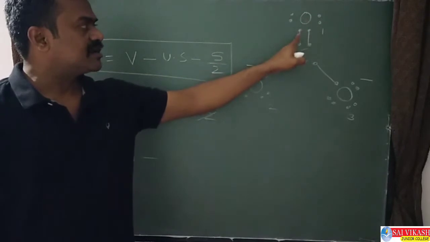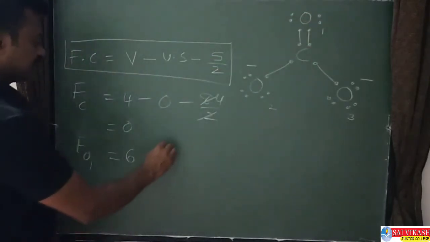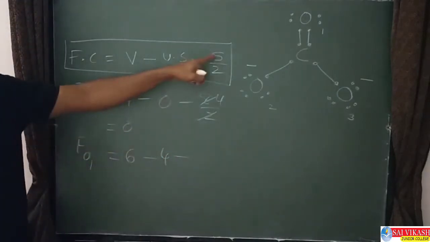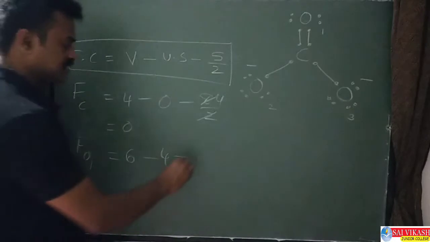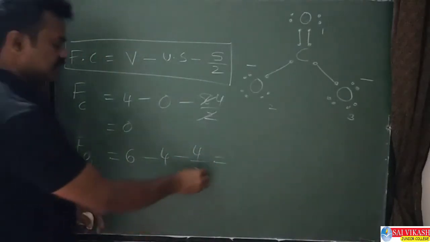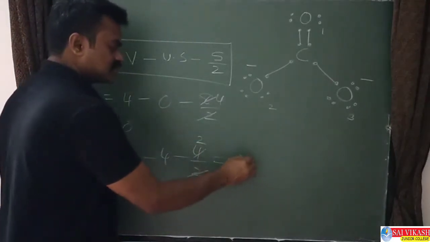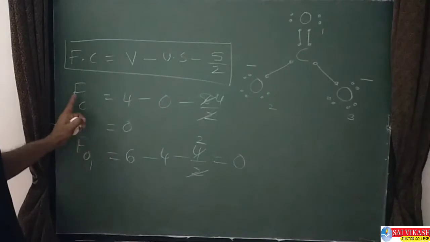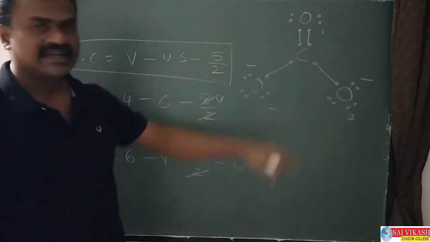These are unshared and these are shared. 1, 2, 3, 4 unshared electrons minus number of shared. How many? 1, 2, 3, 4 shared electrons. So 4 divided by 2. So how much is it? So this is 2. So 6 minus 6 is also 0. So formal charge of carbon is 0, formal charge of oxygen 1 also comes as 0.